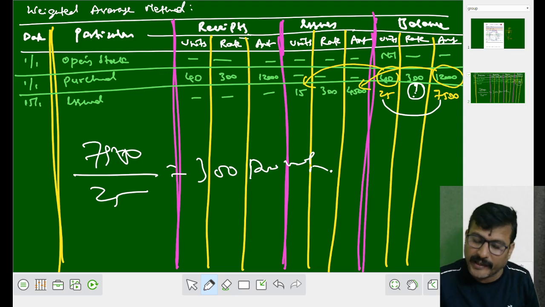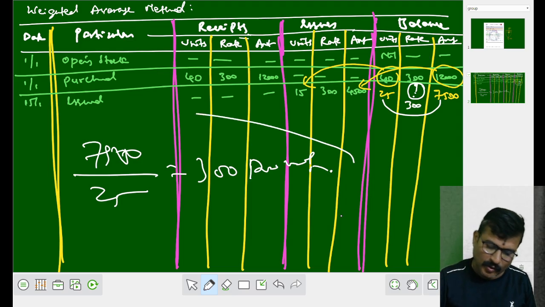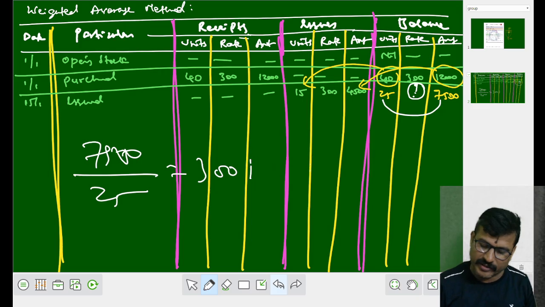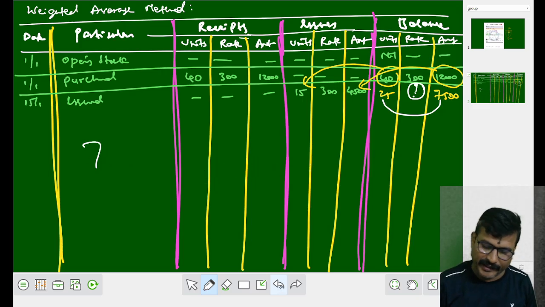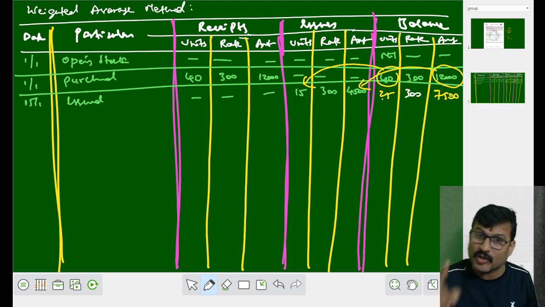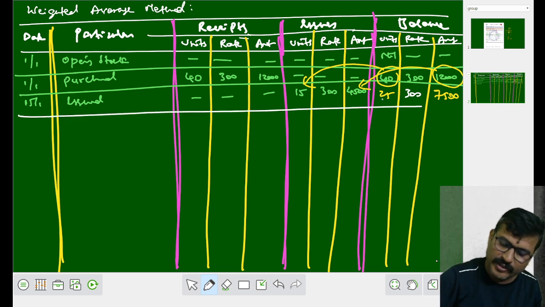So I am supposed to write 300 here. Did you understand how to work out the rate? I delete all these extra calculations. You got 300, right? How you got 300? 7,500 by 25 gives you 300 rupees. This is called, my dear student, weighted average method. Now let me close it off.